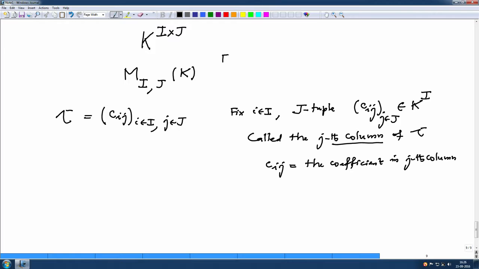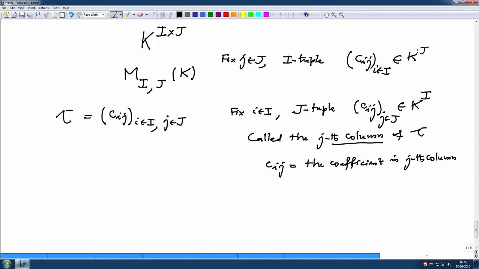So fix j in j and then look at the I tuple Cij, where I is varying.